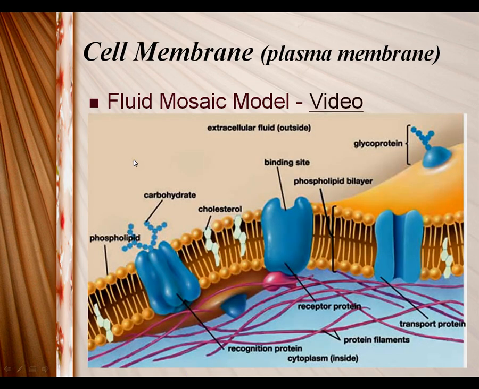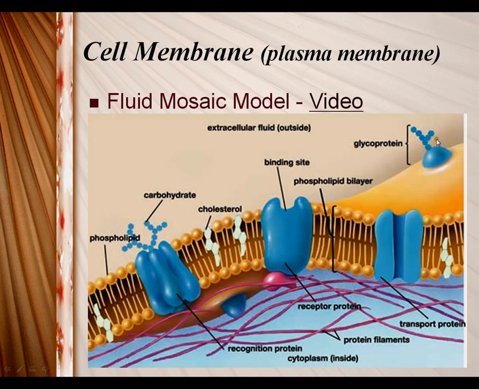Here's what a drawing of the cell membrane would look like. You've got your phospholipid heads and tails here. The blue structures are the proteins, and you can see that the transport proteins are kind of like a straw that's been punched through the cell membrane. It allows molecules to move in and out of the cell.